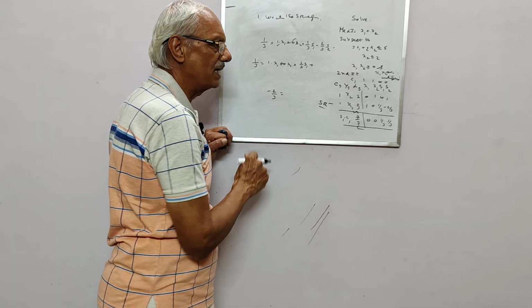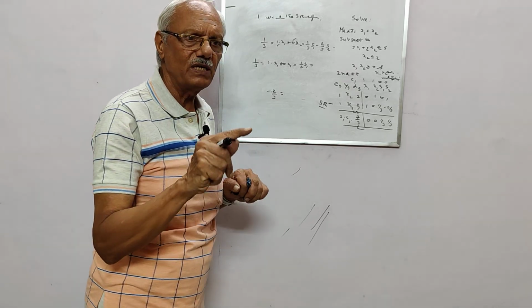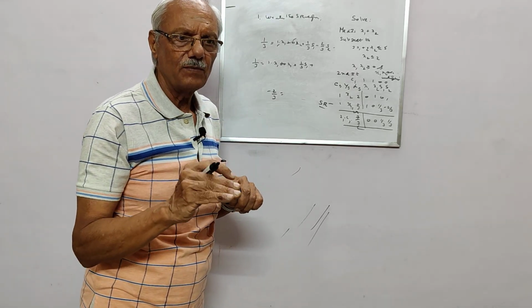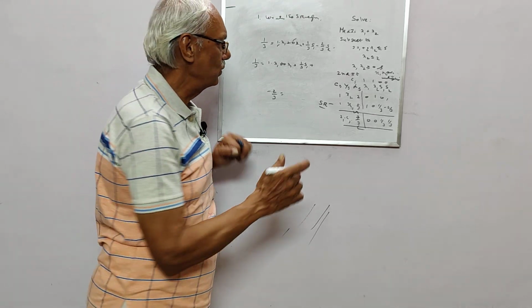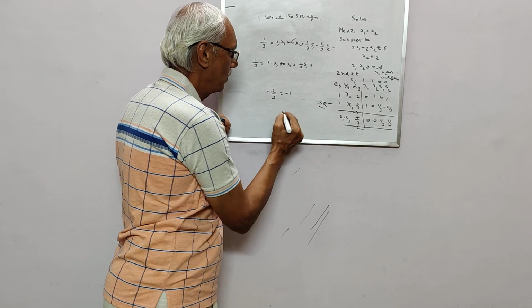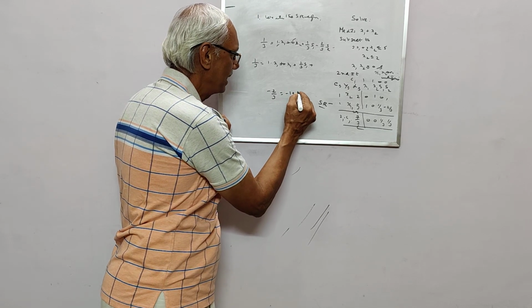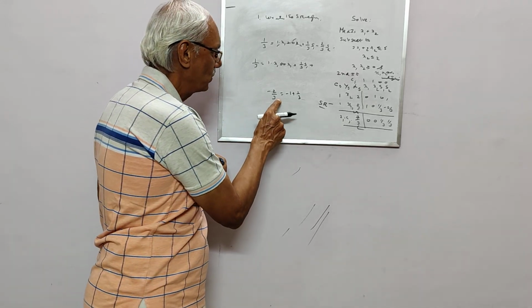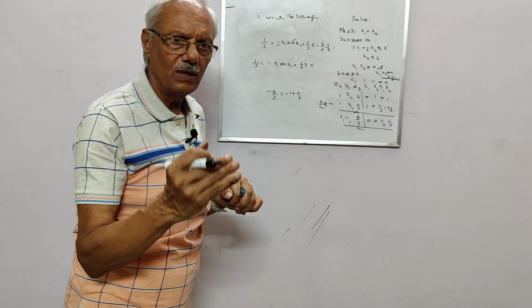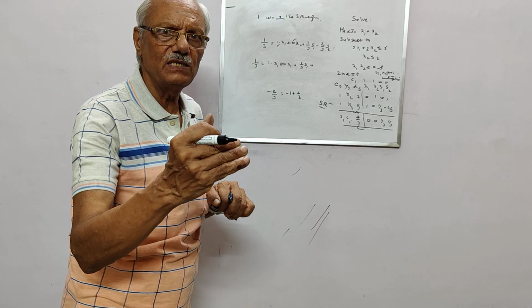Now how will you write this? What is 2 by 3? Forget about the minus. For 2 by 3, what is the next highest integer? It is 1. So you write minus 1, and add something, because I want a positive fraction. 2 by 3 is less than 1, but the immediate highest integer is 1.